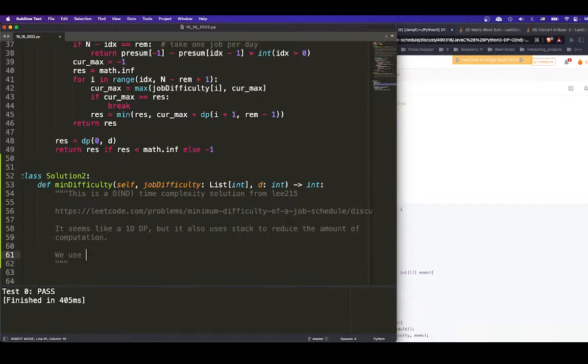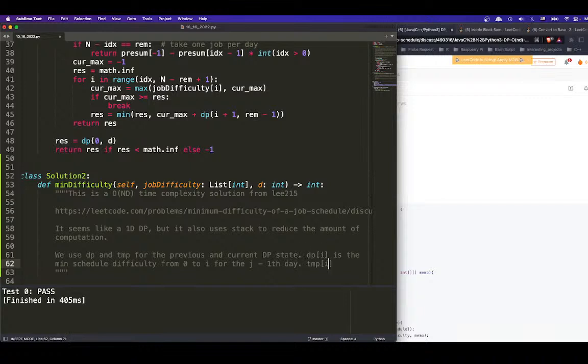We use dp and temp, right, for the previous and current DP state. So dp[i] is the minimum job schedule difficulty from 0 to i for the j minus 1th day, right?